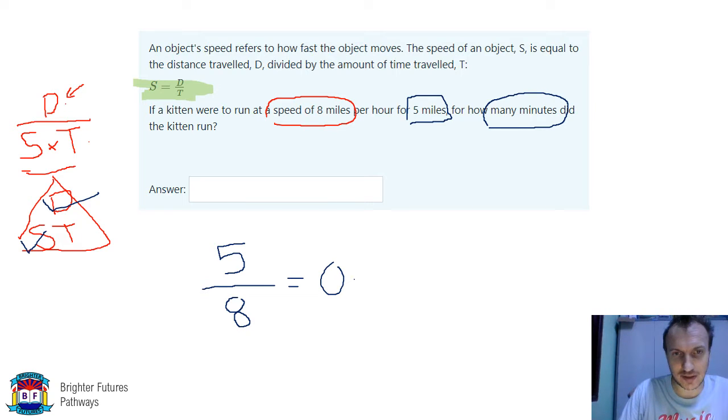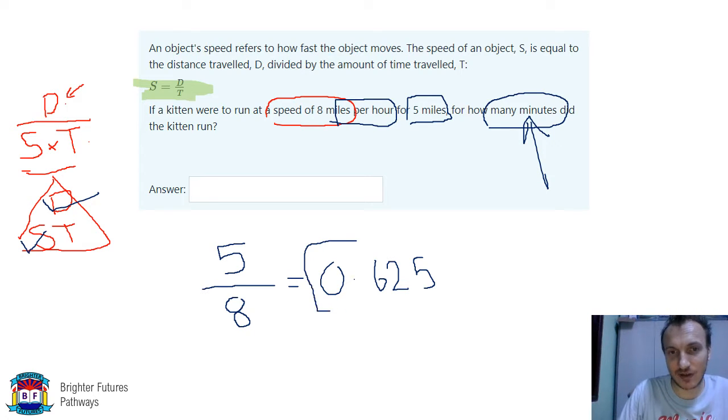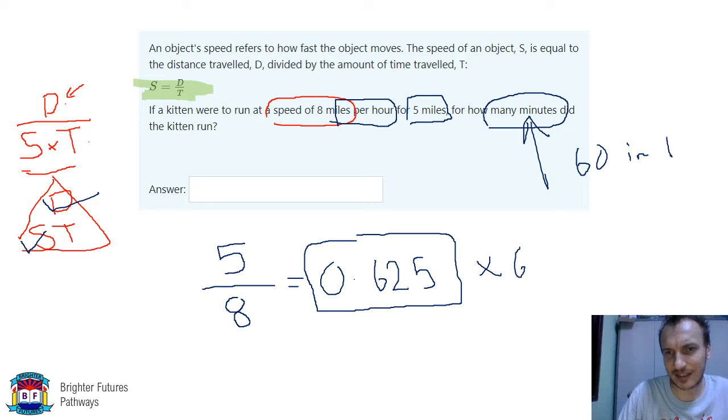0.625. However, you need to notice that this is in miles per hour, and the question is wanting it in minutes. So this is 0.625 hours. We need to change that into minutes, and because there's 60 minutes in 1 hour, we need to multiply this by 60.